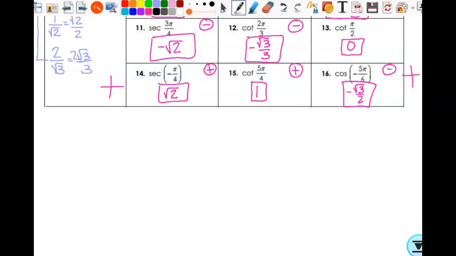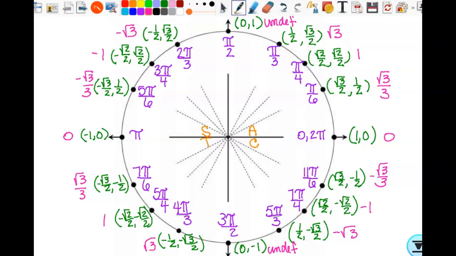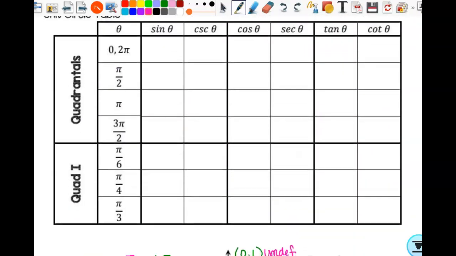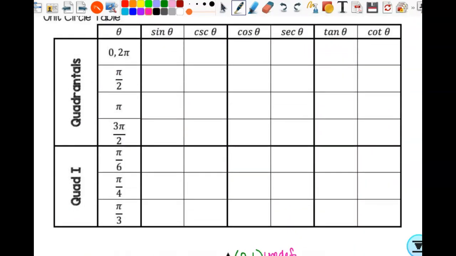All right. Flip it back over. Go up to the top this time. So we're going to fill in our sine column, right? So the sine of 0 is what? 0. The sine of pi halves is 1. The sine of pi is 0.